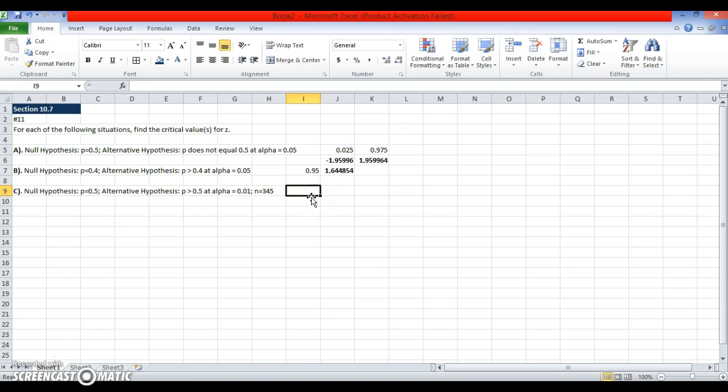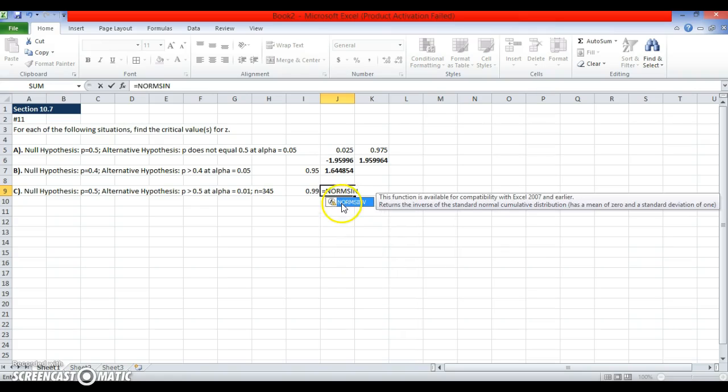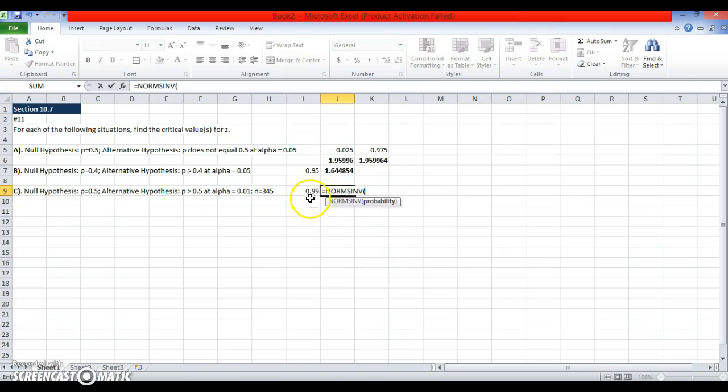Since this is greater than, we use 1 minus 0.01 as the probability, and NORM.S.INV of it gives 2.32 as our critical z value.